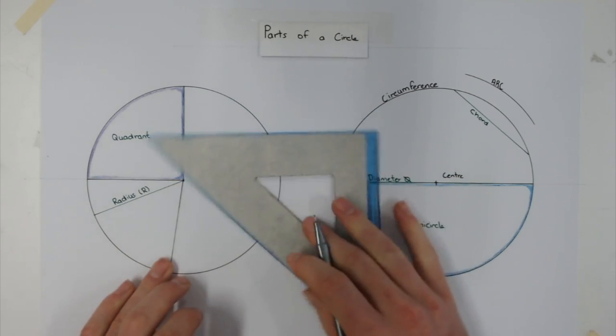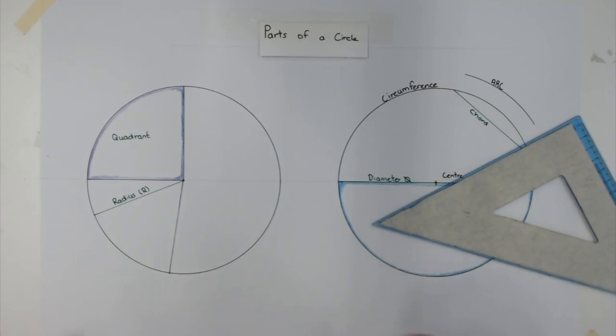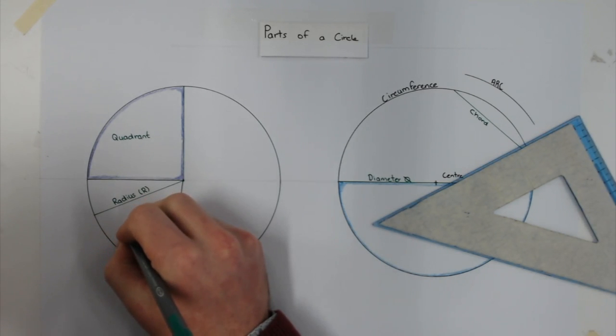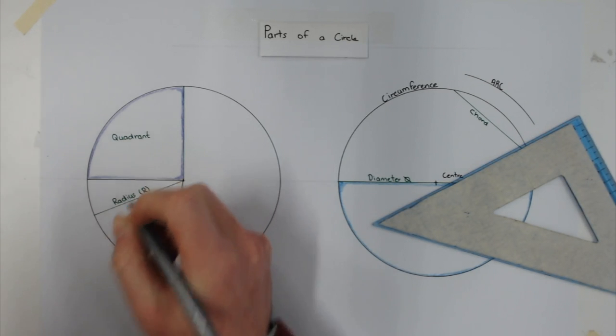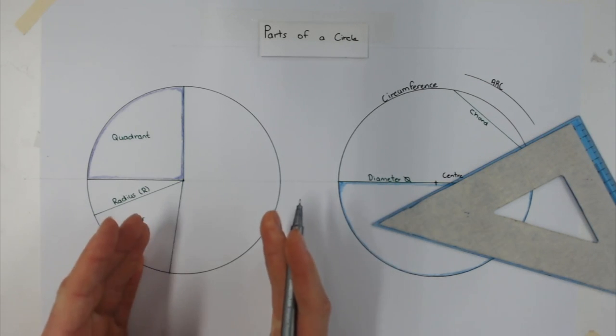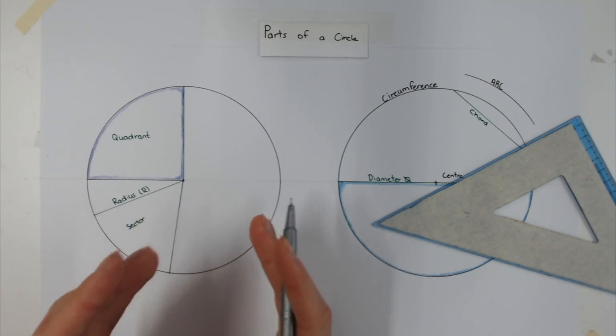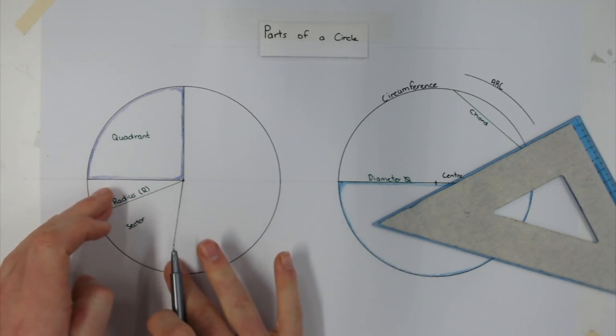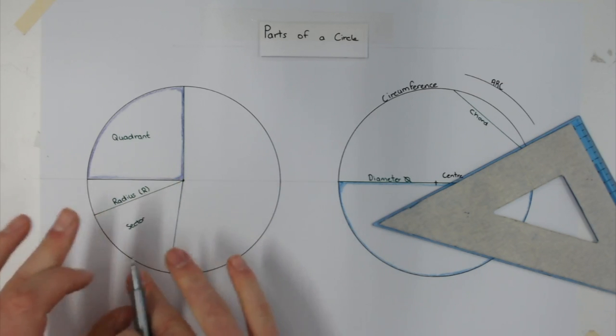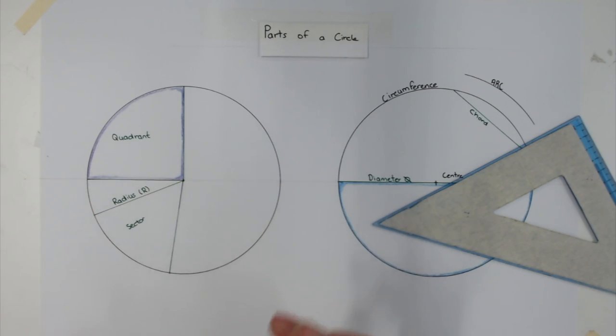And this is what's called a sector. A sector is a part of the circle that's enclosed between 2 radii, or radiuses, okay? So you've got a radius on either side, so it's just a part of the circle, okay?